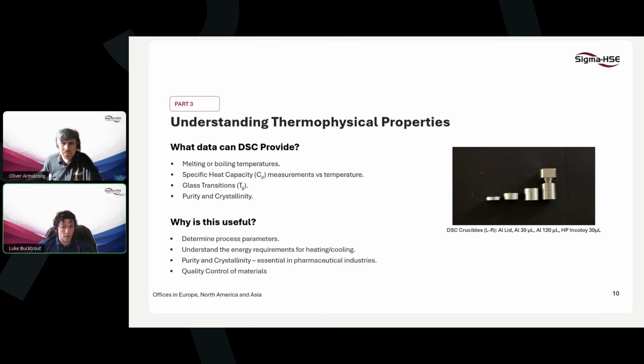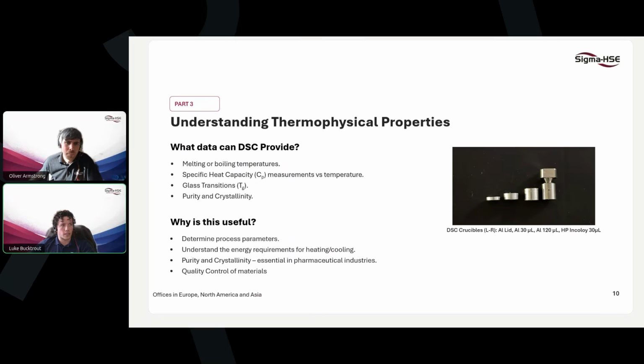So you can see on this slide the different types of pans that we can use for the DSC. Previously, we talked about the high pressure crucibles that we use for thermal stability testing, and you can see that here on the right hand side. But for these thermophysical methods, it's required to use a material which is more thermally responsive.